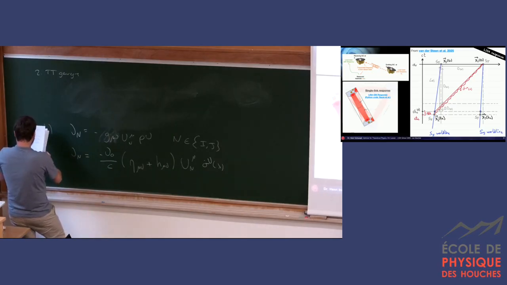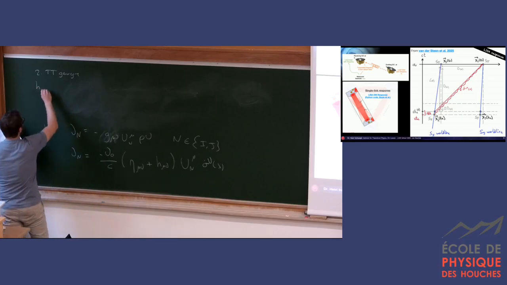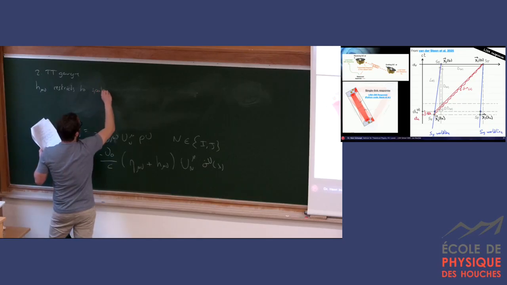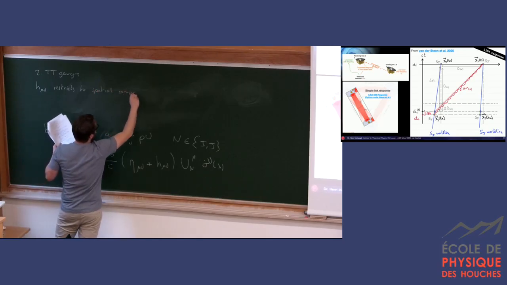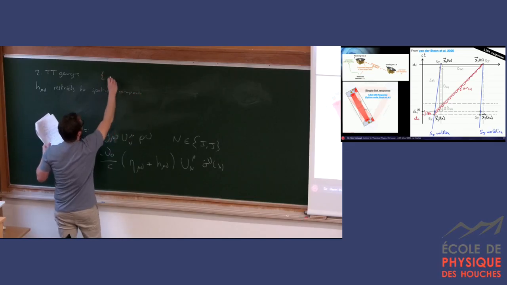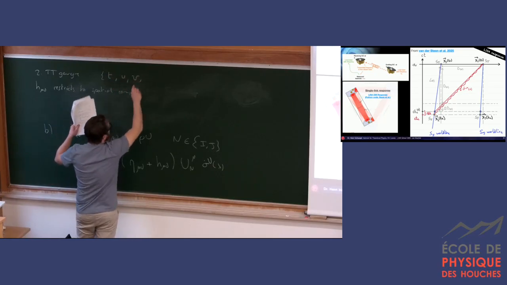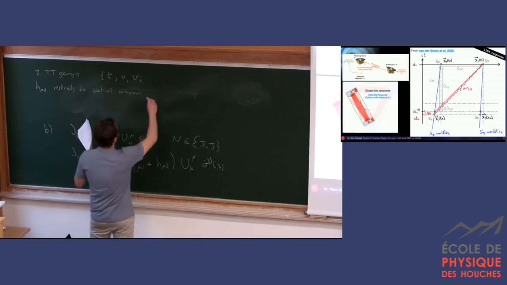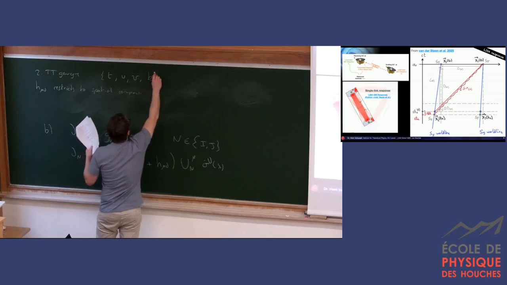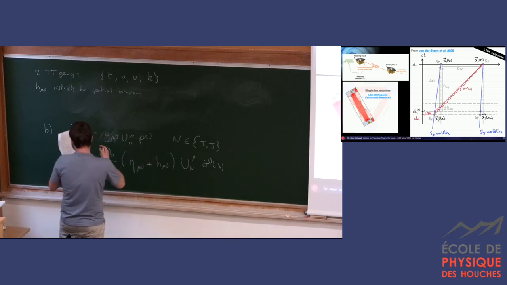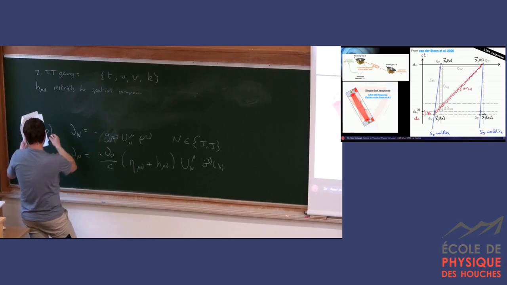In TT gauge, you can show, as I said, that, well, I'm going to skip that. Basically h mu nu restricts to the spatial components of the TT gauge. I'm going to use this system of coordinates: time, u and v, which are the polarization vectors, the directions of the polarization, and k, the coordinate along the propagation vector of the wave.